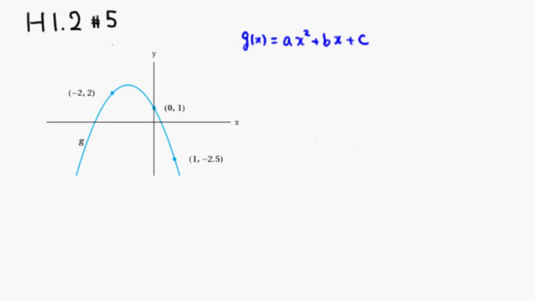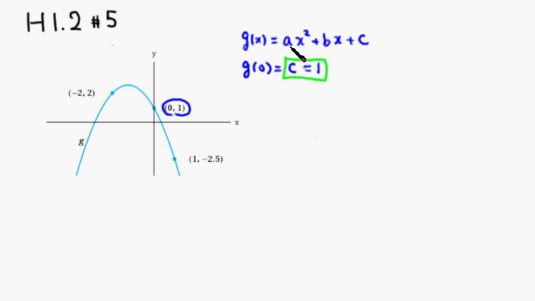Since it goes through (0, 1), g of 0 is, if you plug in 0, a times 0 squared is 0, b times 0 is 0, so you just get c, and this is equal to 1. Because it's (0, 1). So we already know that c is equal to 1.